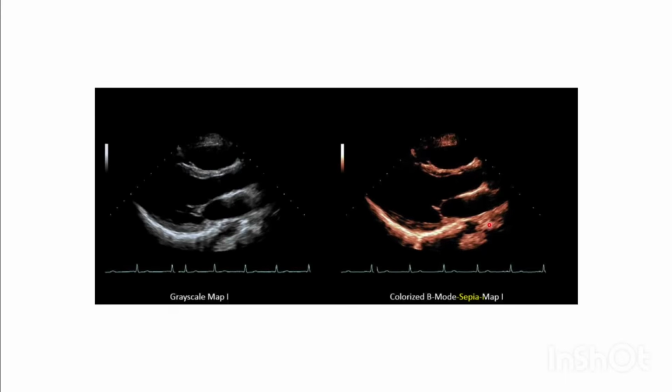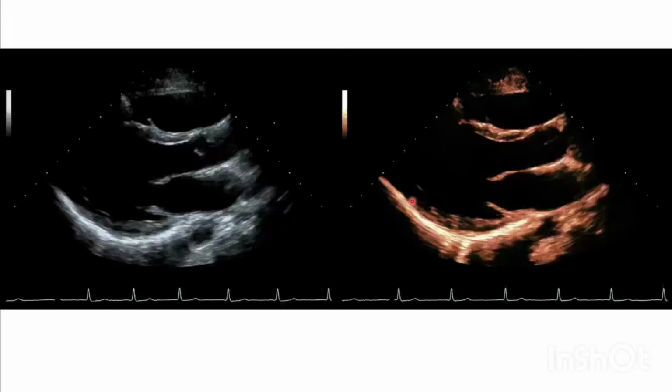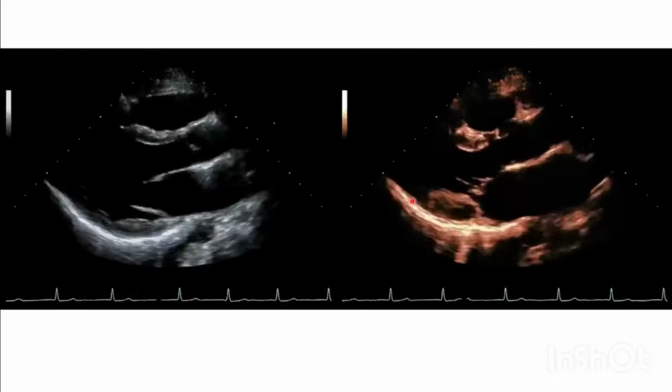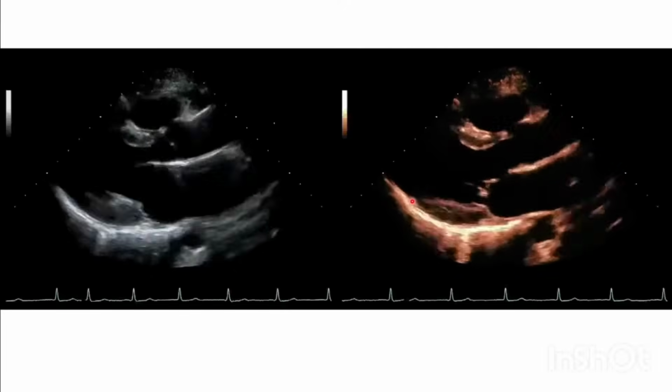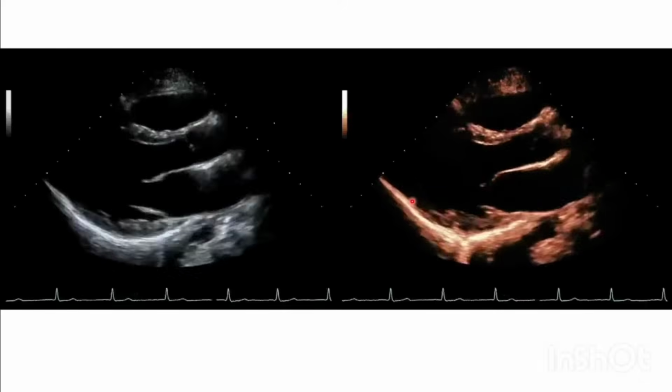So in certain scenarios, we can apply B mode colorization, a single uniform color over the image, and we can see some structures clearly. The sepia map varies; different colors, green, etc. will come, so we can choose accordingly. So that is B mode colorization, with various colors we can choose.